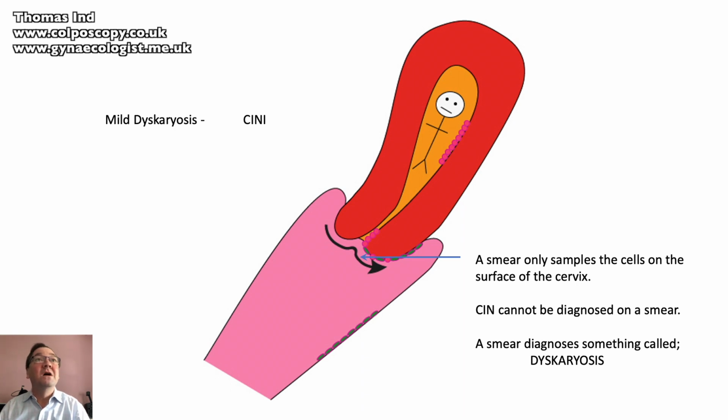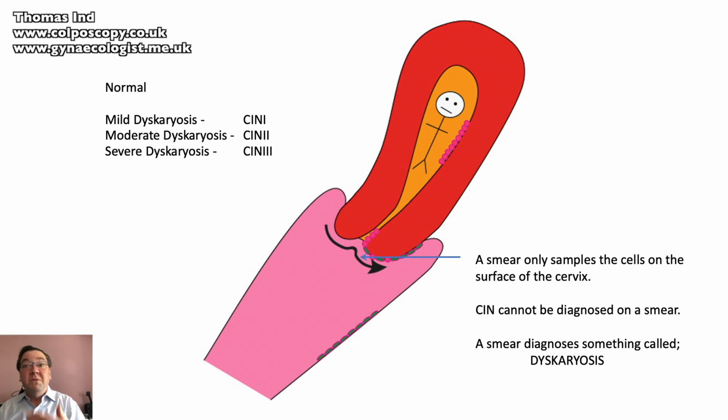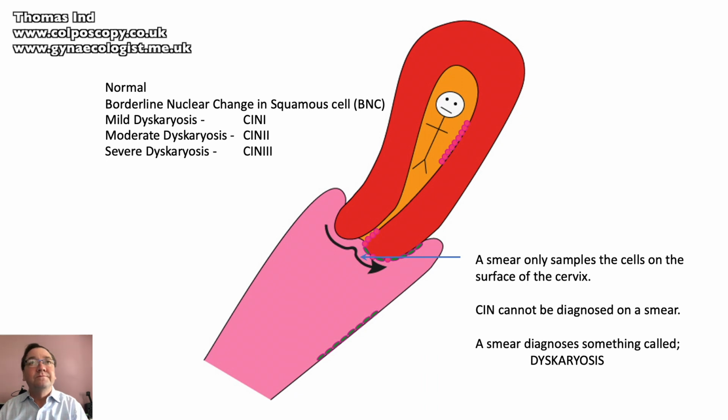And you can have mild, which some people think equates to CIN1, not exact 100%, but that's the equivalent. You can have moderate dyskaryosis, which equates to CIN2, and you can have severe dyskaryosis, which equates to CIN3. And then if you've got normal, which most people's smears are, you've got borderline nuclear change, or BNC, in squamous cells, which is an area between.